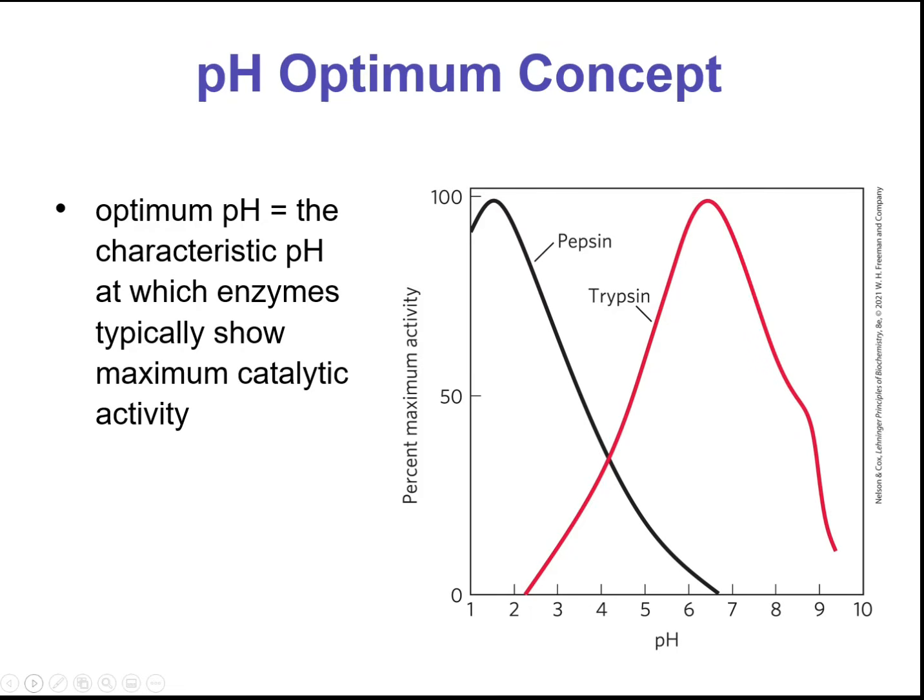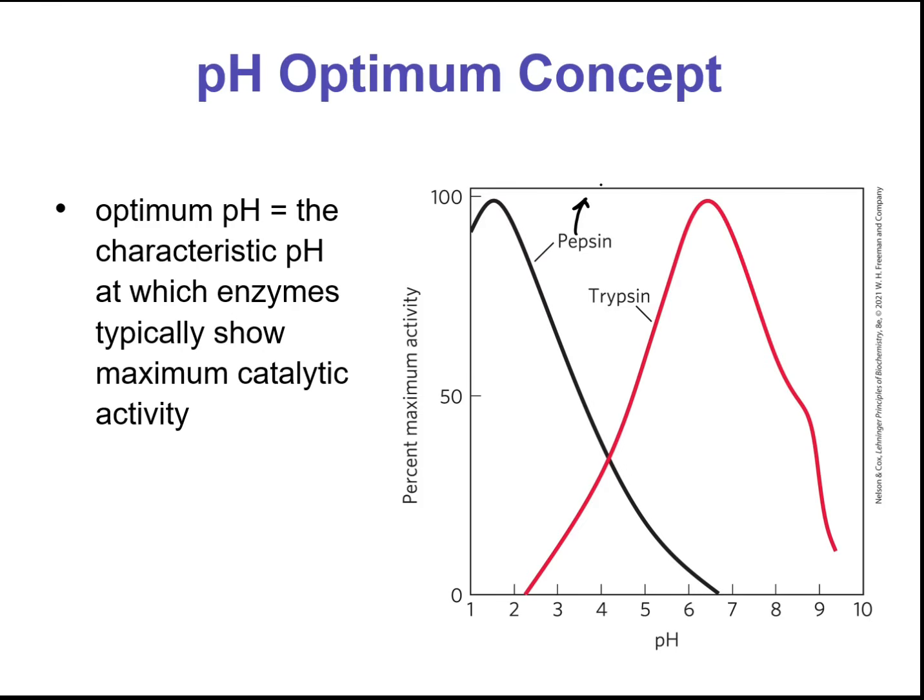So we talked a lot about pH, and the reason is it matters quite a bit. All of the proteins and enzymes in your body optimally work at the pH of your body. So 7.4 for most things. But there are some exceptions. For example, pepsin.